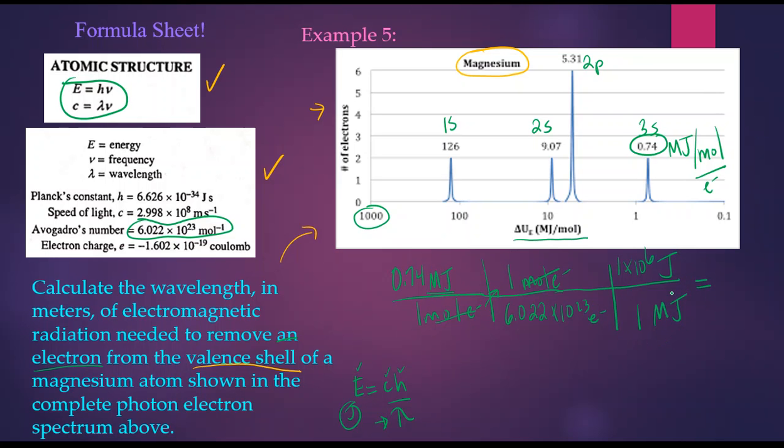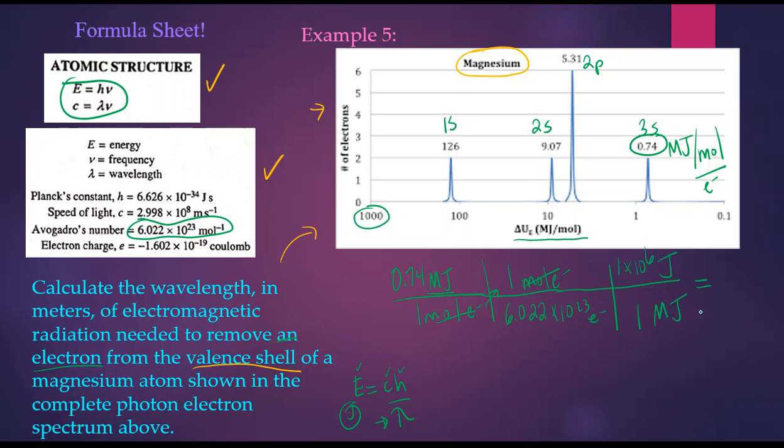Now I can calculate the joules per electron, and I can use that in my equation below. So 0.74 times 10 to the 6th divided by Avogadro's number.